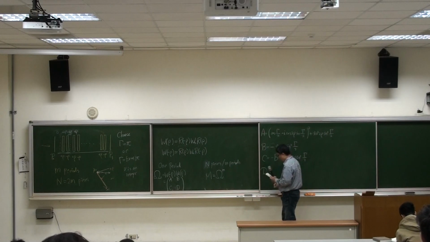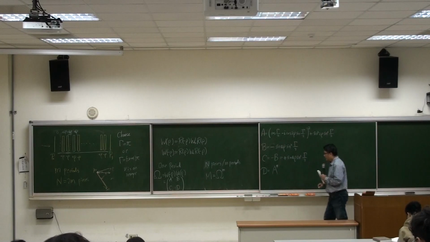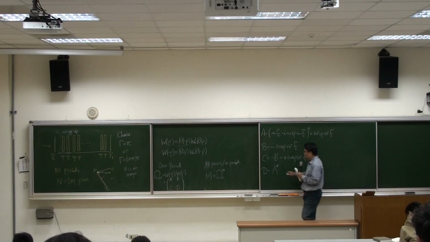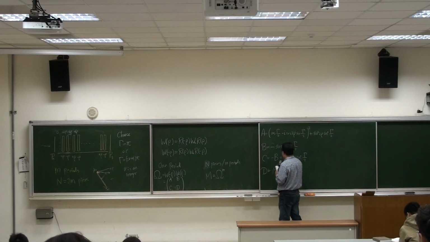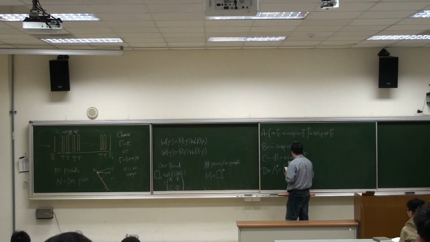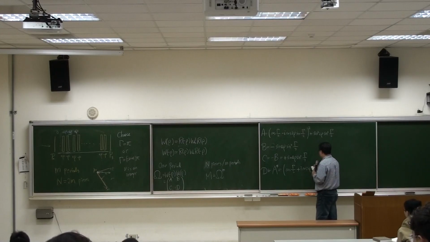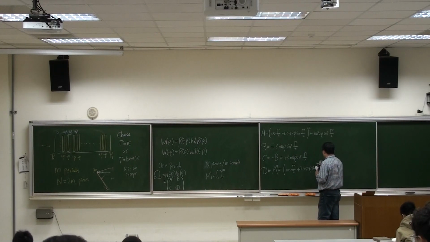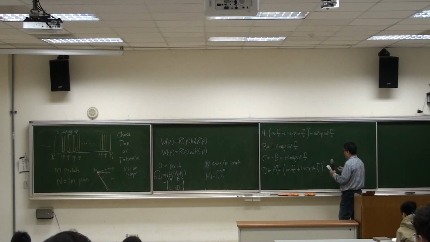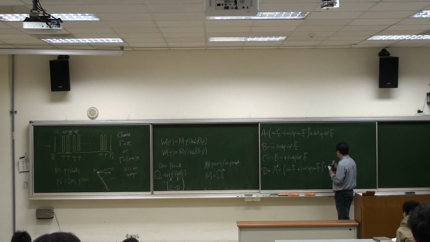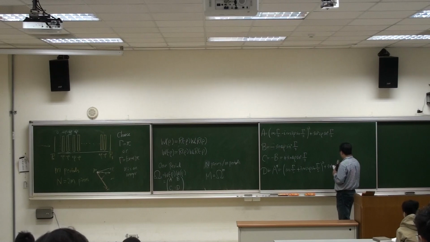Finally, what is D? D is in fact A star, the complex conjugate of A, which means that D is equal to cosine half gamma plus I cosine 2 rho sine half gamma squared plus sine squared 2 rho sine square half gamma.